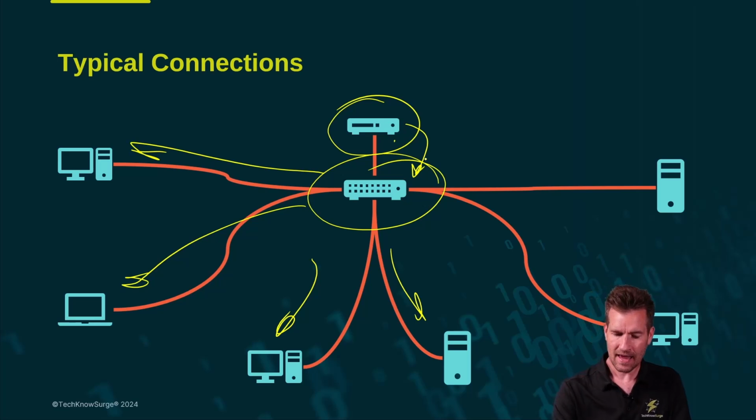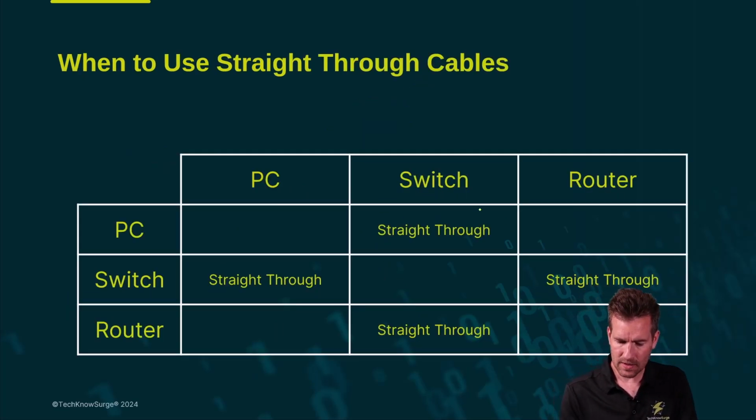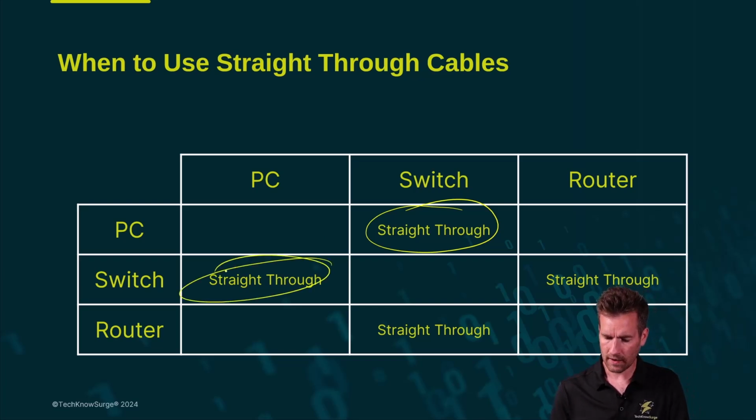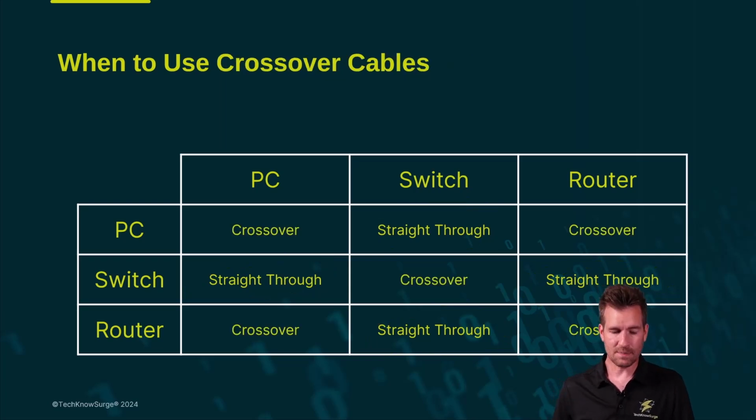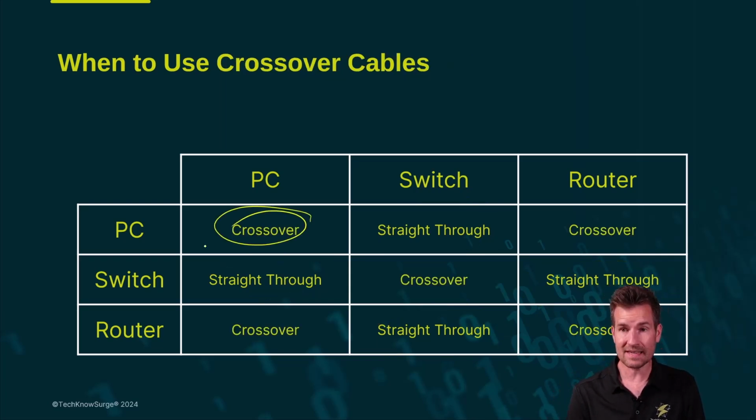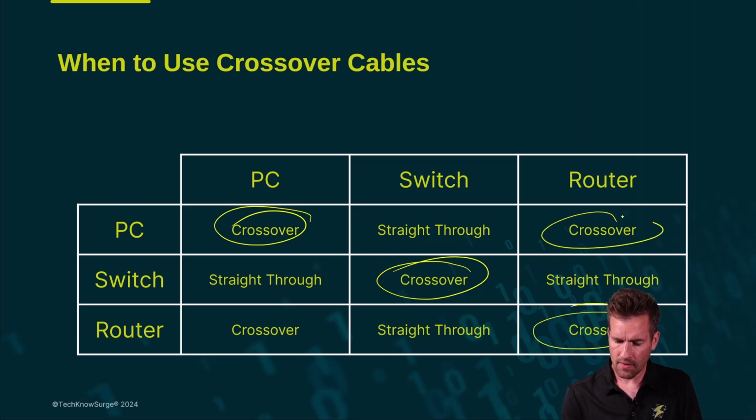So in that case, this router is an MDI as well. So when a switch connects to a PC, or to a router, then we just use a straight through cable. This means if a PC connects to a PC, or a switch connects to a switch, or a router connects to a router, then that's when we're going to use a crossover cable.